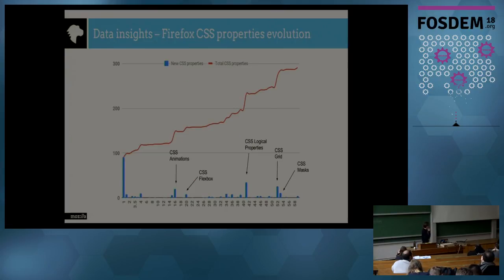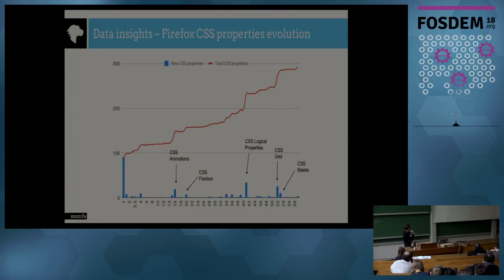Now, I've looked a little bit deeper into the data for CSS, and if you're into data science-y things, you could also analyze this data set and look at how CSS developed over time. For example, when we had Firefox 1 ten years ago, there were about 90 CSS properties. This Compat data store has all the Firefox versions, and I noticed a little spike.